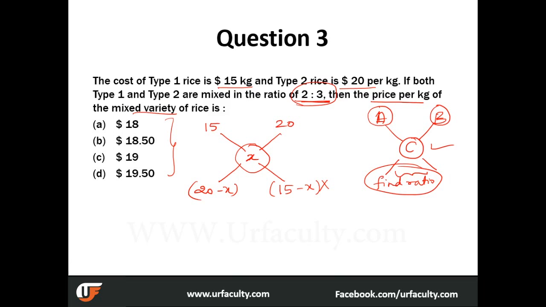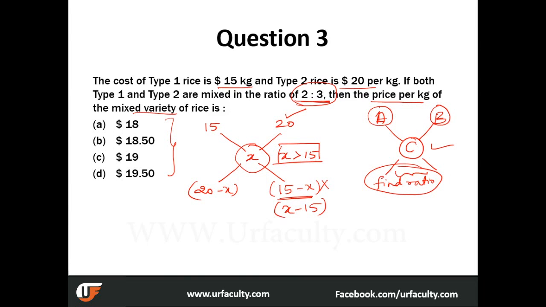So here you know that this particular ratio is going to contribute more towards the final value of the product, and it has to be somewhere in between 15 and 20. Hence this value is greater than 15, which means if you put it in this way in your calculation, you might end up having a negative sign. So what do you put here? You can put it as X minus 15.